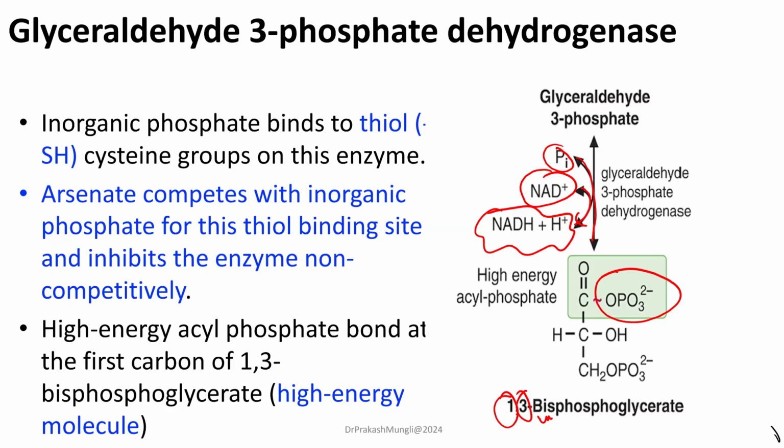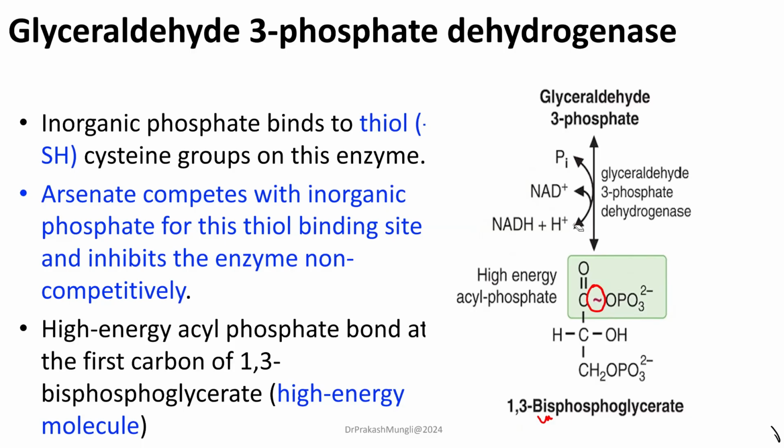If you carefully look at the product, especially the first carbon, the way the phosphate is attached, look at the symbol here. That's a special symbol that is shown there. And that symbol always indicates a high energy phosphate bond. Whenever you see that symbol in a molecule, that is where high energy is stored.